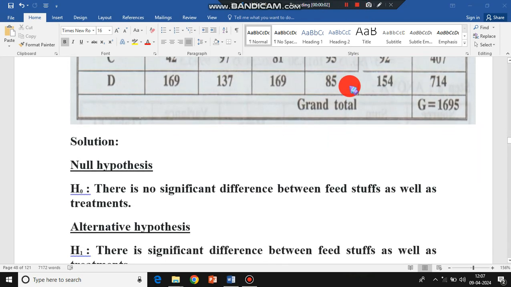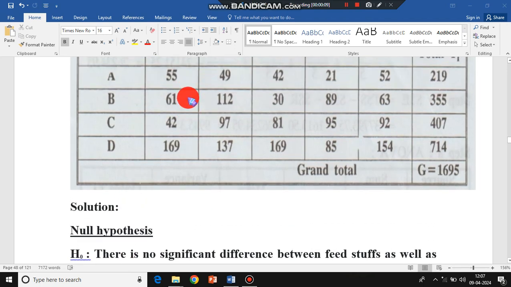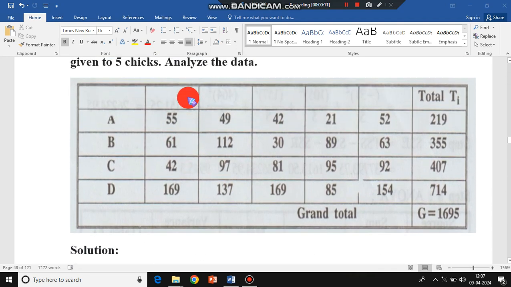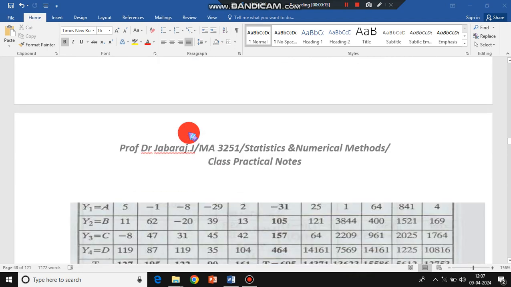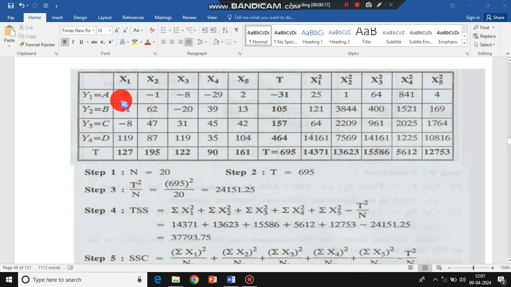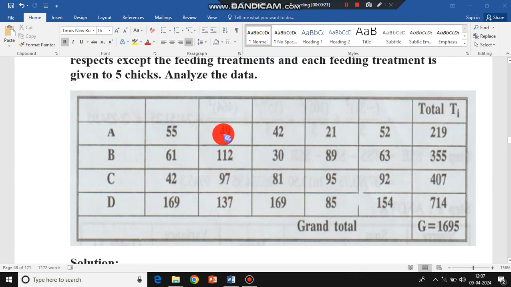And I am taking the number 50 and subtracting all these entries from 50. What will I get? 55 minus 50, I will get 5, and that's what I am writing here. The second one is 49 minus 50, minus 1, I will get in the second row and second column.